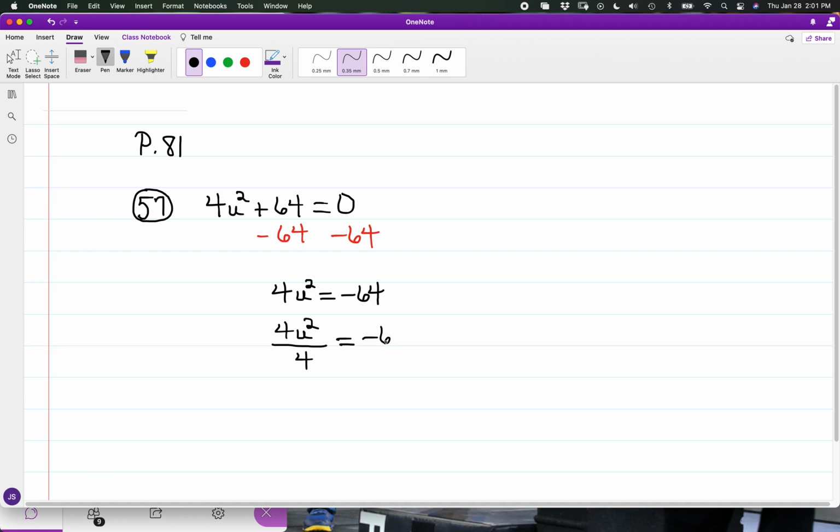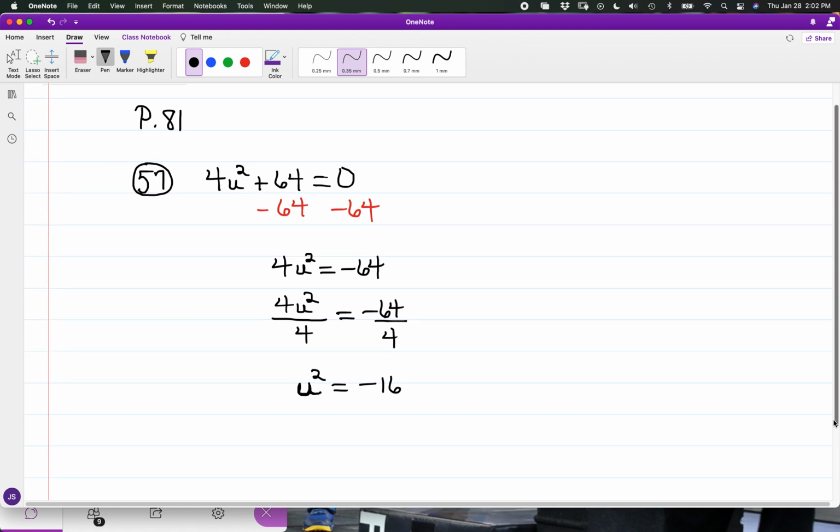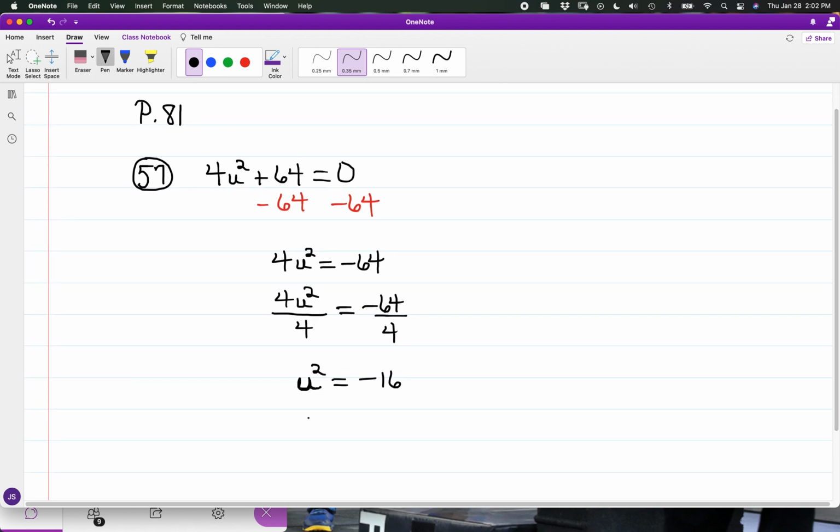so we're going to have the left hand side become u squared, and we have u squared equal to negative 64 over 4, which will be negative 16. And in the follow through, upon utilizing the square root property of equality, this time working with the letter u, I'm transforming u squared to u, whereas on the right I'm going from negative 16 to plus or minus the square root of negative 16.